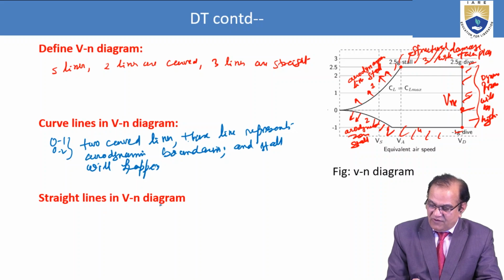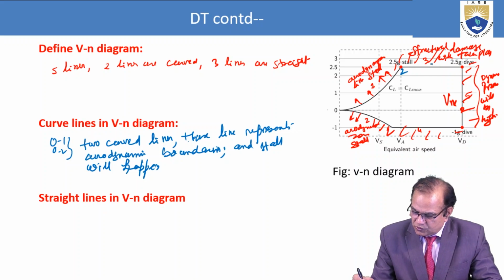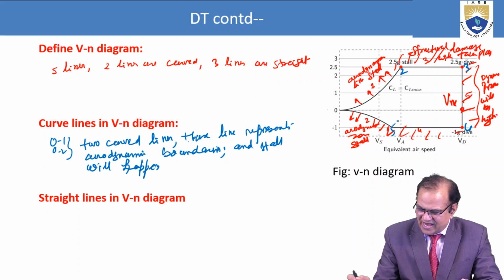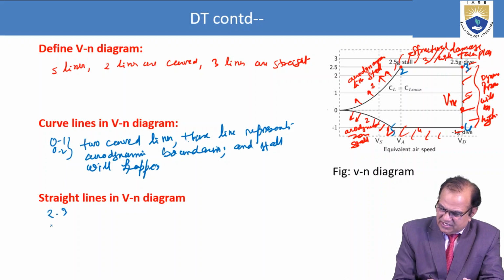And the straight lines in the VN diagram: 1 to 2, 3, 4 and 5, you can write. So 2 to 3, 3 to 4 and 4 to 5.